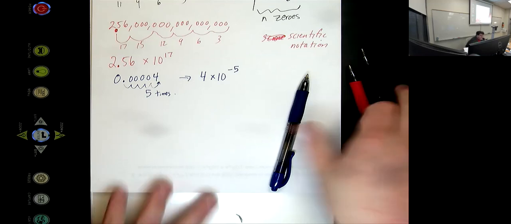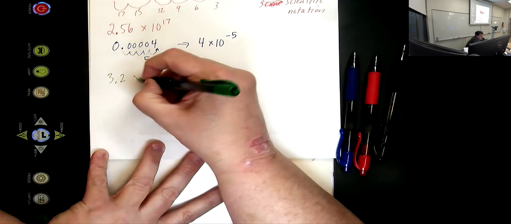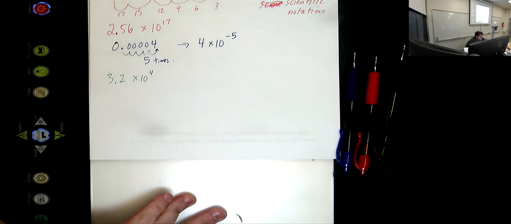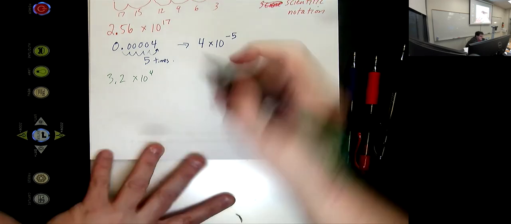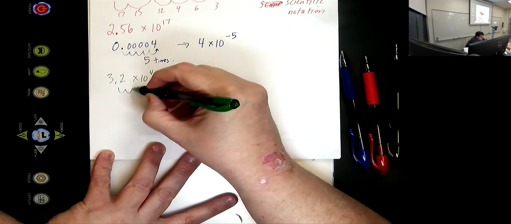Like if you see 3.2 times 10 to the 4th, that's not helpful to even me. As much as I like numbers and deal with numbers, that is a useless, pointless thing to me. I have no idea what 3.2 times 10 to the 4 is. So what I'm going to do is take that decimal and move it right 4 times.